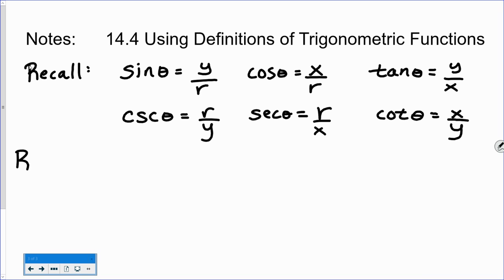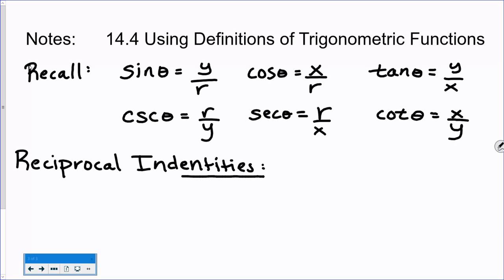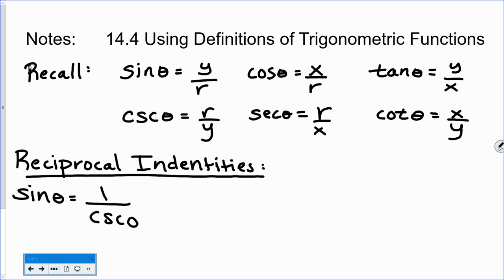All right, so we talked about these reciprocal functions. We have what's called reciprocal identities. I can write sine of theta as 1 over cosecant of theta. That's its reciprocal identity. When I'm given the ratio, I just flip that over.